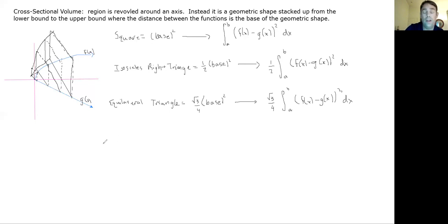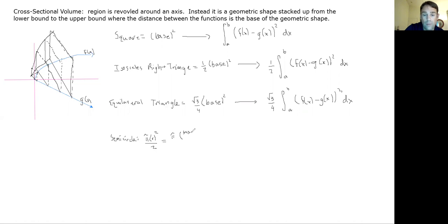What about if we made it a semicircle? The area of a semicircle is pi times the radius squared divided by 2. The radius is half the length of the diameter. So if the distance between my two functions is the diameter, then whatever the base is, I'm going to have to take half of it.